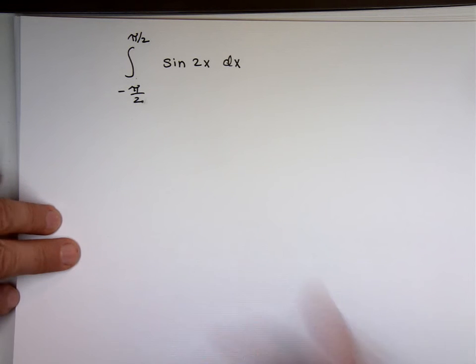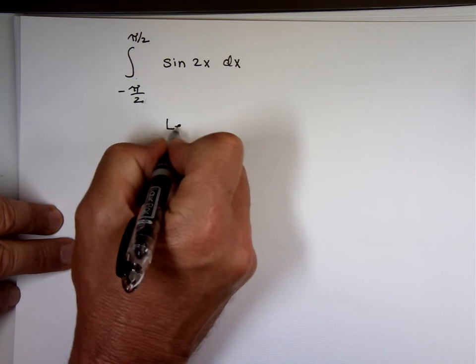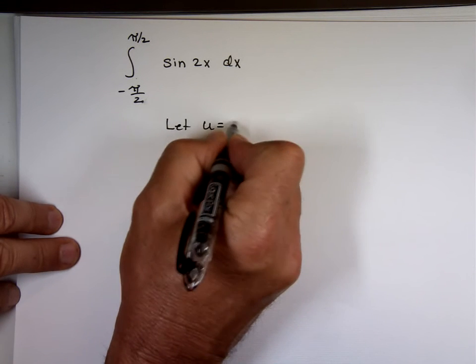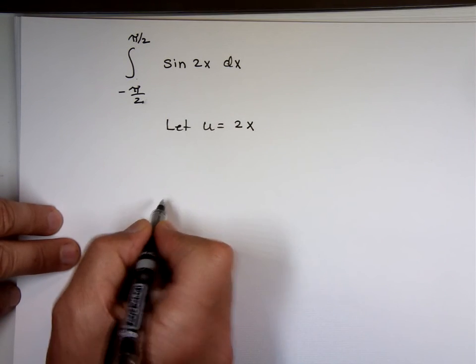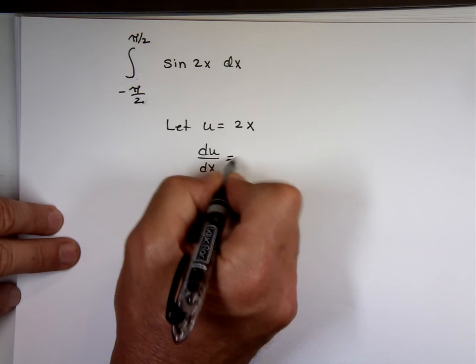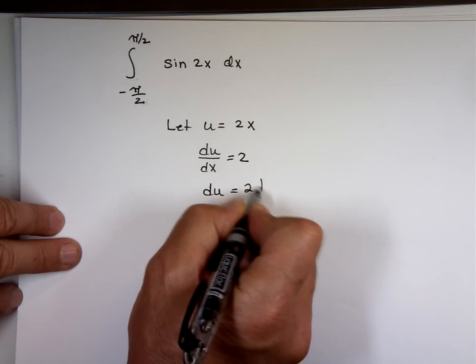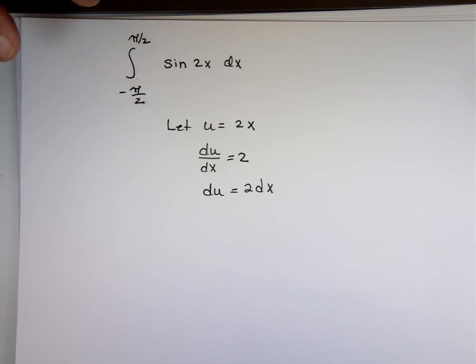Well, you can take the sine 2x and let u equal just the 2x. What's the derivative of that? 2, or du equals 2 times dx. I don't have a 2 here in front of the 2x.